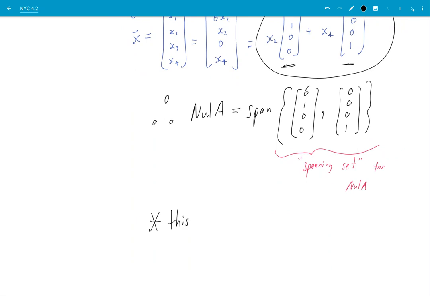So this spanning set is independent, if you think about it.